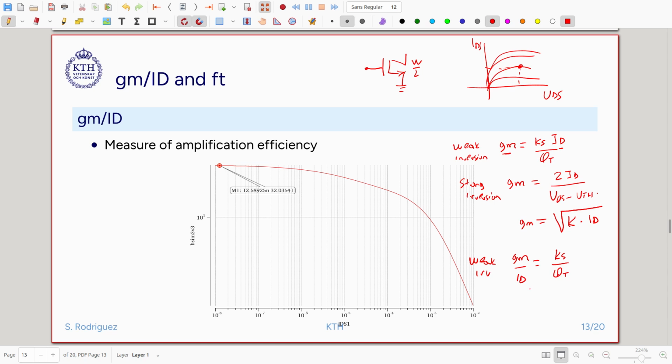As we mentioned before, Ks is around 2/3, though it can be between 0.5 and 0.8, but we can take around 2/3.